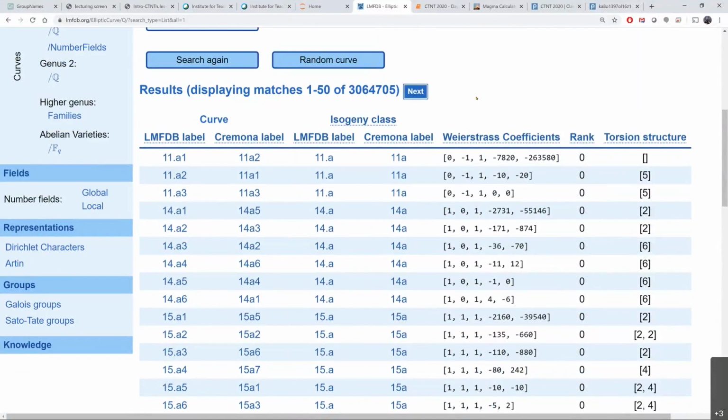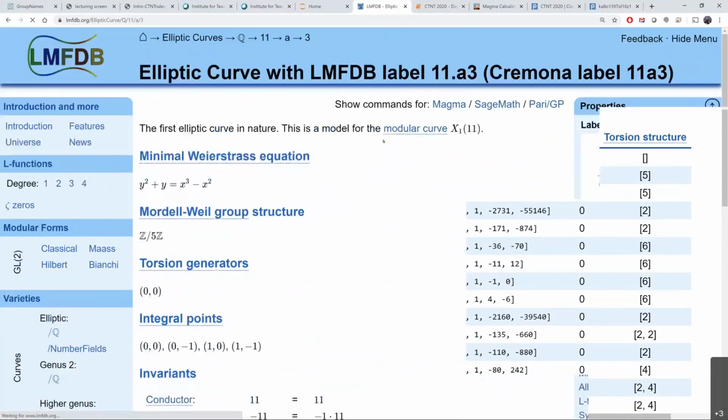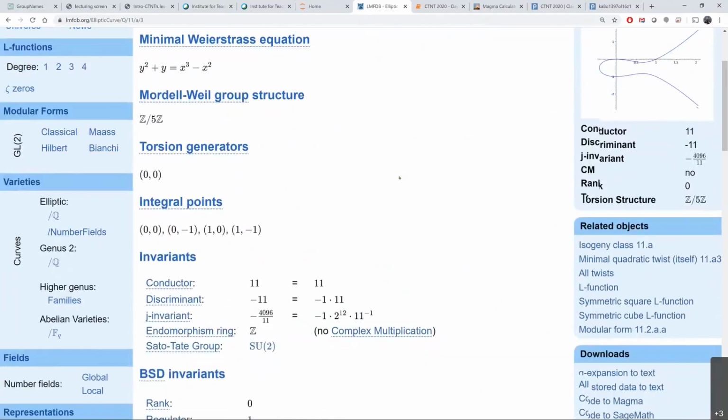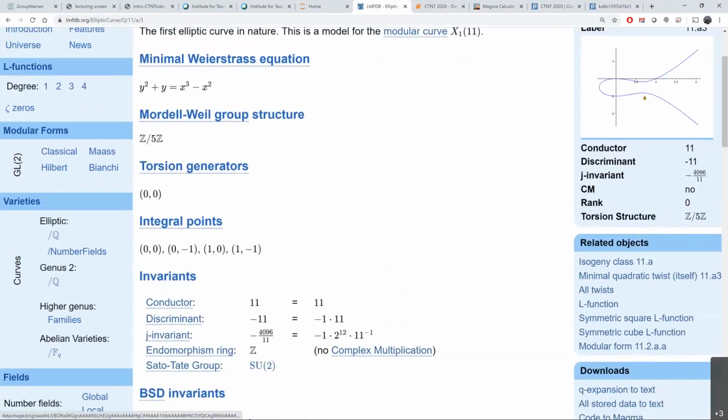The conductor is another measure of arithmetic complexity of elliptic curves. It also keeps track of bad primes, primes of bad reduction. So the first elliptic curves in the database are those of conductor 11. And here is 11a3, for example. It's a pretty nice elliptic curve. You can see a graph there.